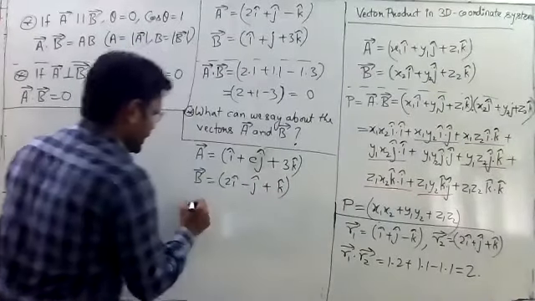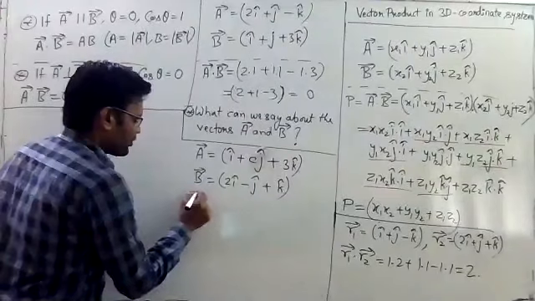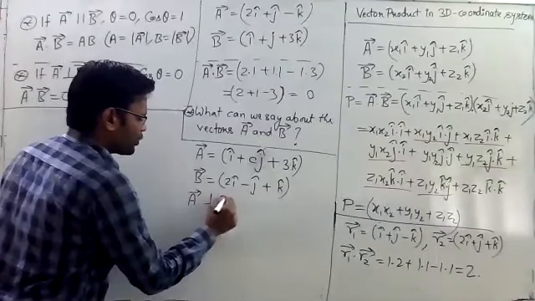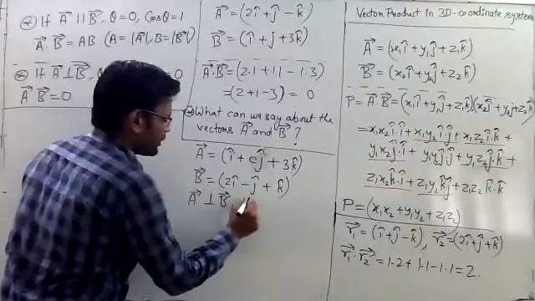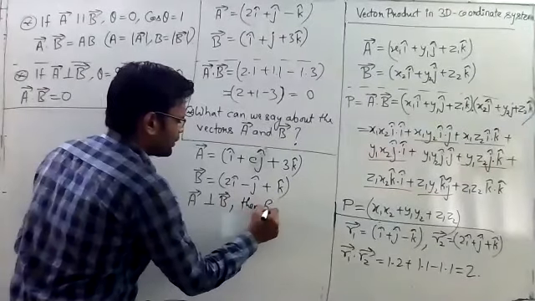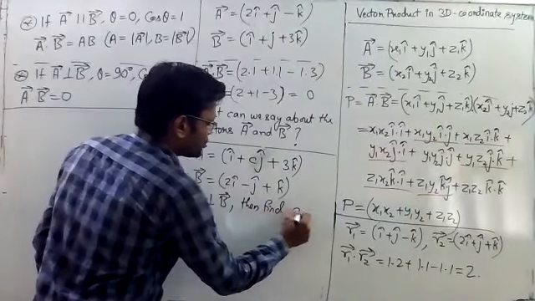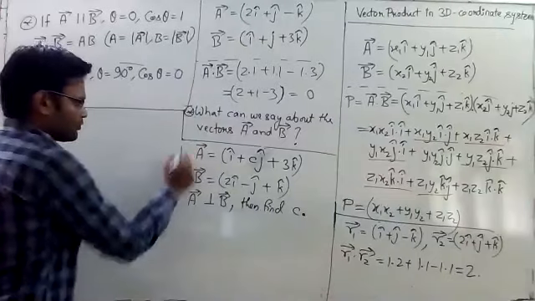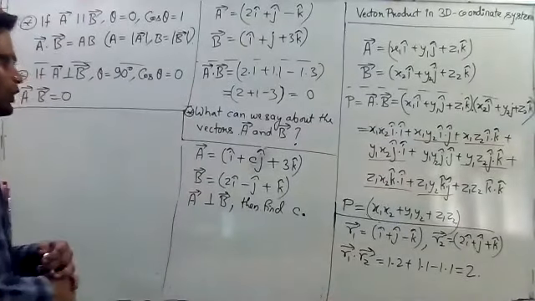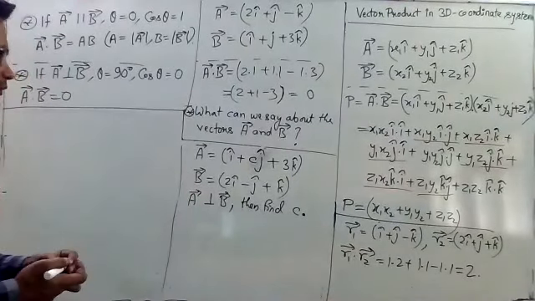And A is perpendicular to B, then find C. What to do here in this case? What will be the value of C?